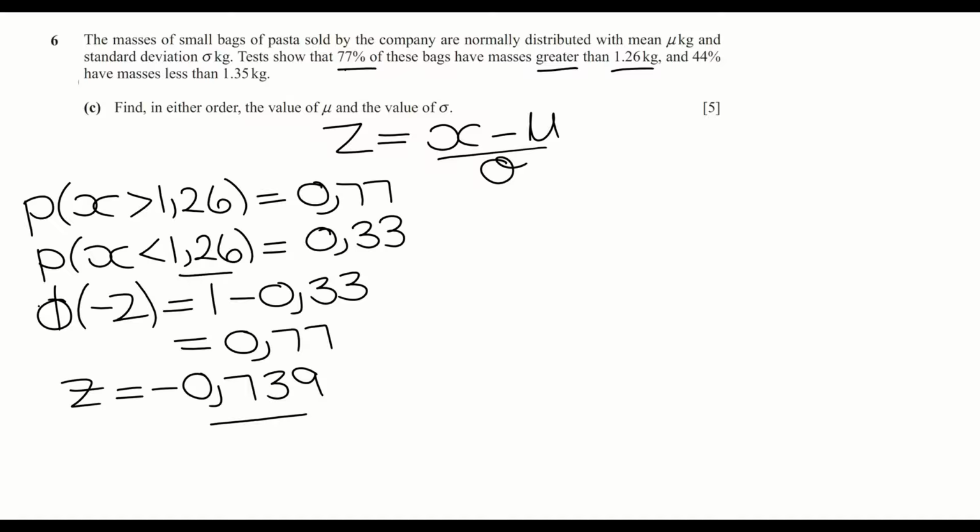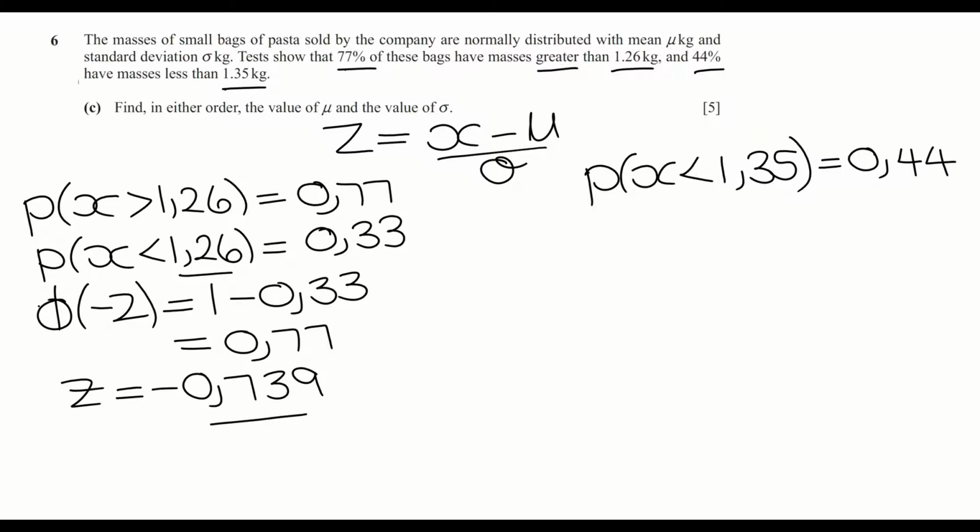Let's see what else we know. 44% have masses less than 1,35. So the probability that x is smaller than 1,35 is equal to 44% as a decimal, 0,44. Again, the probability is smaller than 0,5.